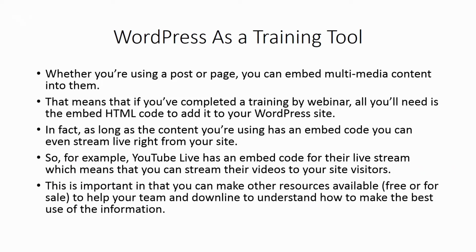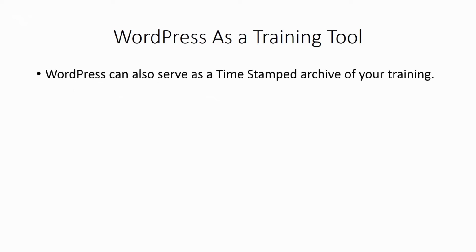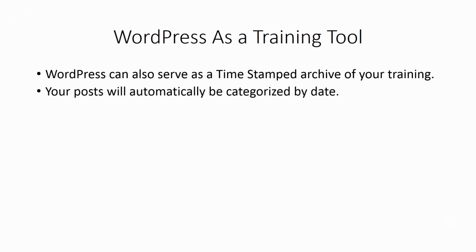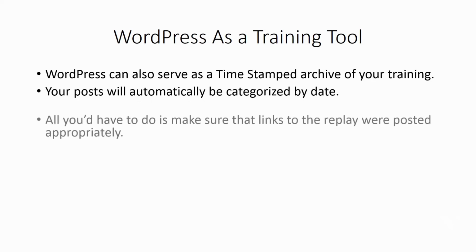Now this is an important thing to do because while they're doing that, you can actually make other resources available, either for free or for sale, to help your team and downline understand how to make the best use of the information that you were sharing with them. Now WordPress can also serve as a time-stamped archive for your training. Your posts will be automatically categorized by date.